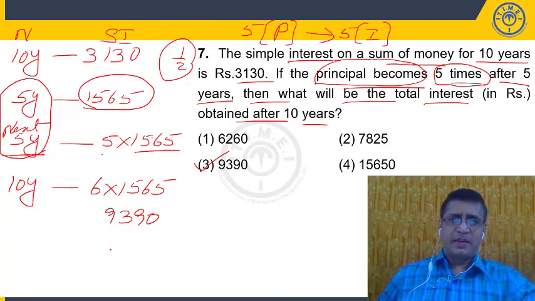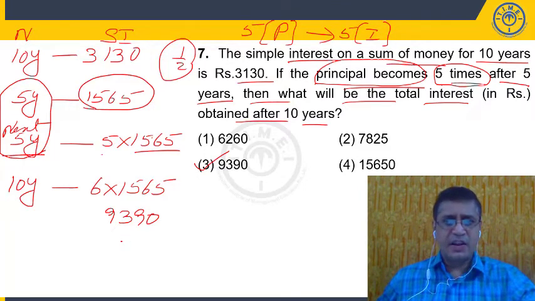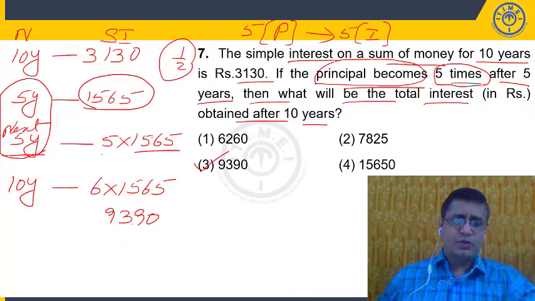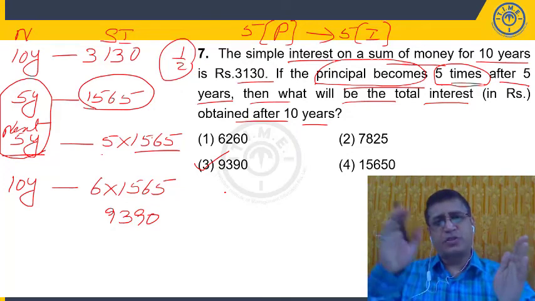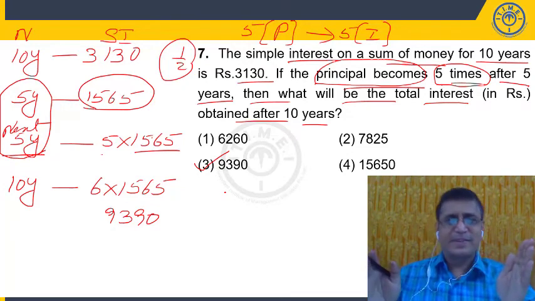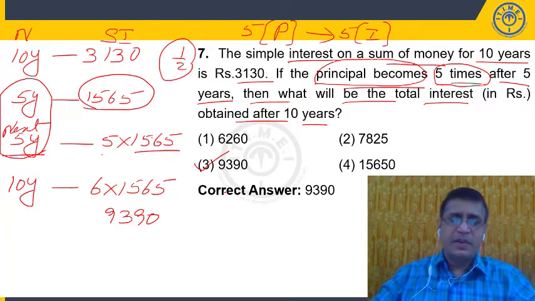Am I clear? For 10 years, 3130 is the interest, so for 5 years it is half of the value. 5 is half of 10. So make 3130 as half, so 1565. When the principal becomes 5 times, interest also becomes 5 times. Right, look at the solution. Please note it down, and we'll move to the next example.